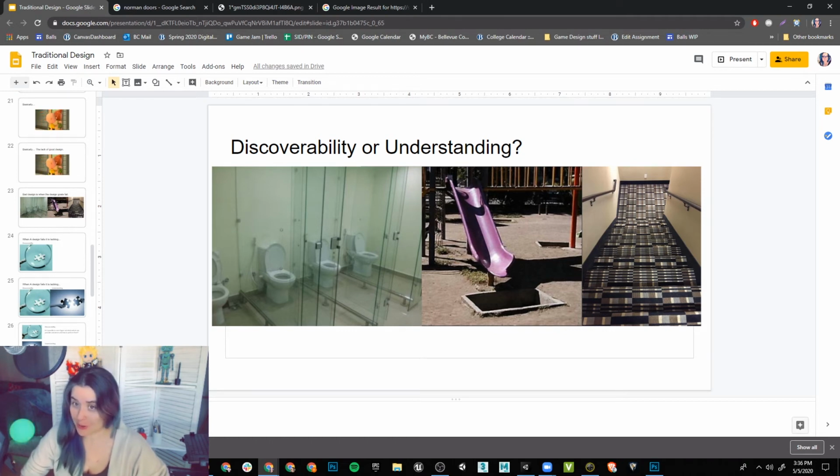It's also lacking discoverability in the sense that the slide is well designed, but when you land, how are you supposed to land here? So you'd have to try it, probably fail. It doesn't really show me how to engage with this space well. I don't know what I'm supposed to do. Am I supposed to jump? Am I supposed to hit myself? What?